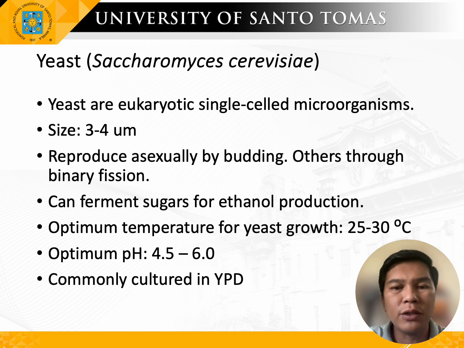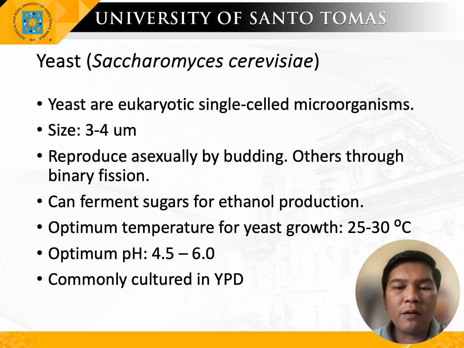In the lecture, we usually say that 1 to 10 micrometers are usually associated with bacteria, correct? And 10 to 100 micrometers is associated with eukaryotic organisms. But be reminded that your Saccharomyces cerevisiae are, of course, again classified as eukaryotes.